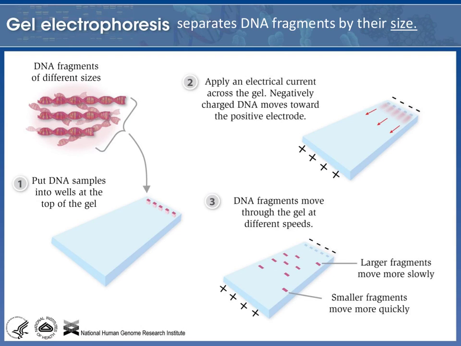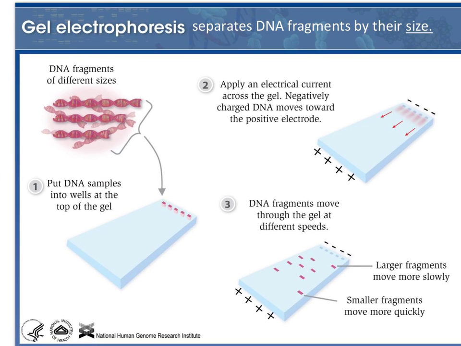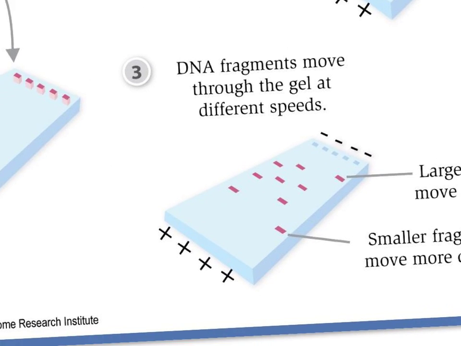A smaller fragment, let's say only 3 bases long, is going to move further than this larger fragment up here, which is much slower. Everything is moving from negative to positive.